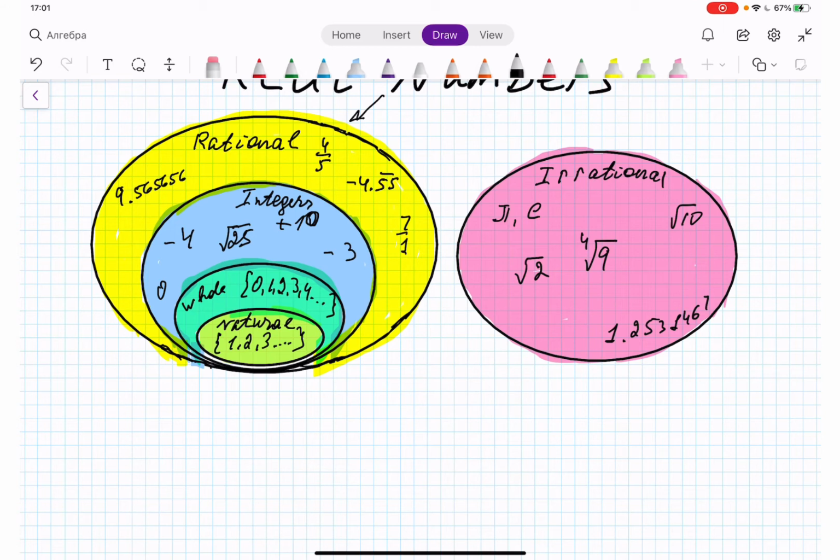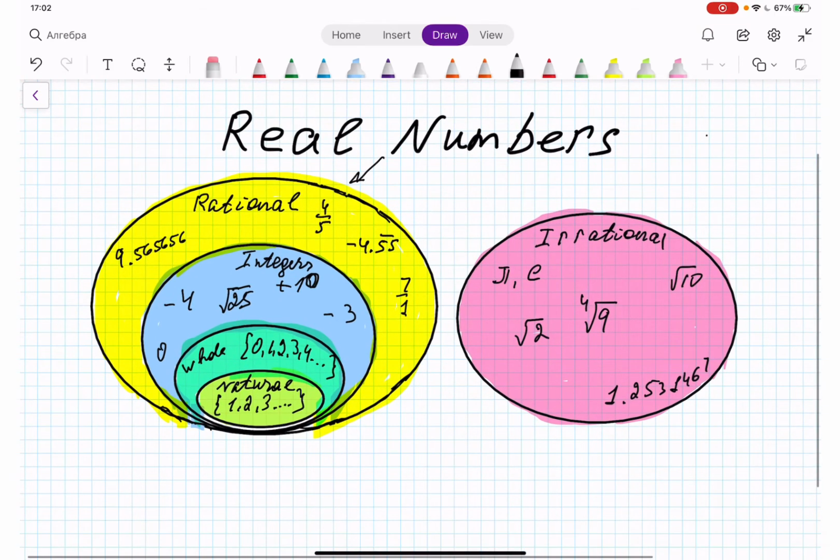So integers are positive and negative numbers. Whole numbers we consider from 0 all the way up through positive numbers, and natural ones are the same whole numbers without 0.